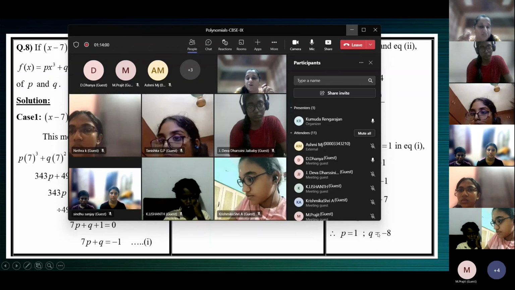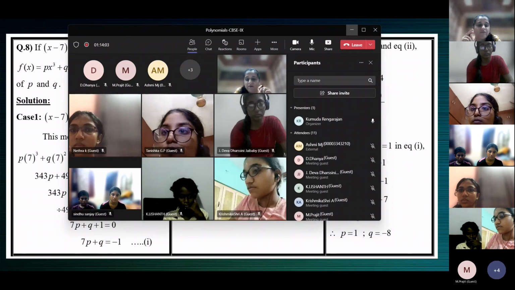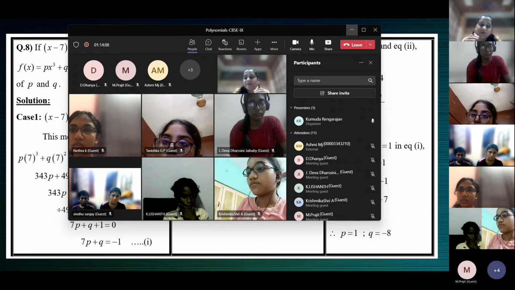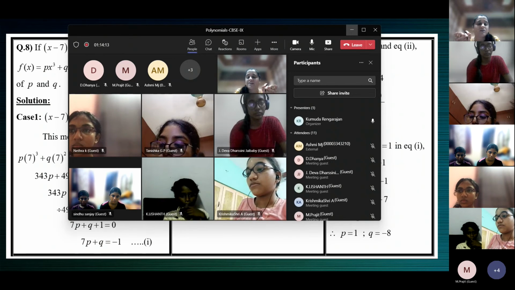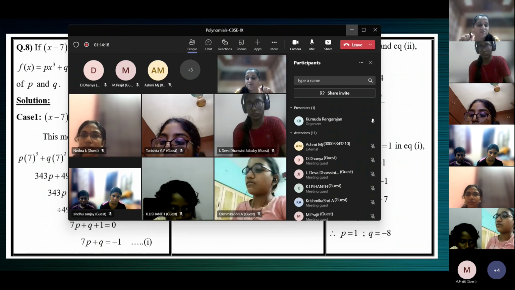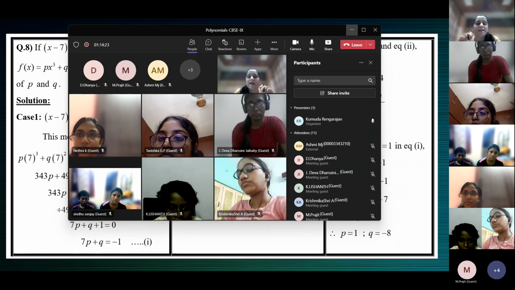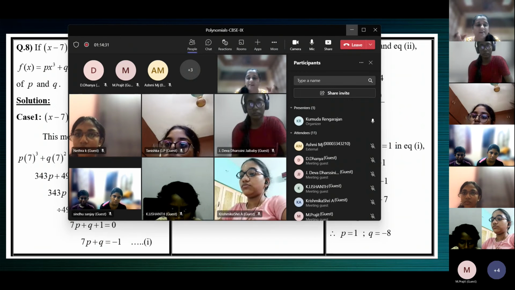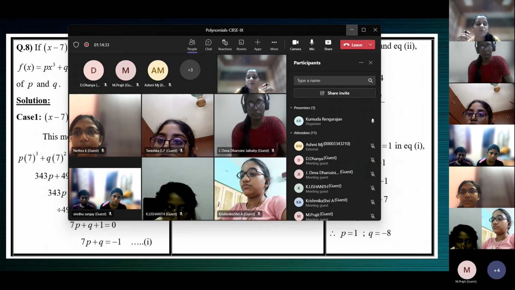When we write the two equations one below the other and solve without changing the signs in the second equation, that is adding the two equations. Adding means you don't change the signs in the second equation. When you change the signs in the second equation, that means you're subtracting the two equations.